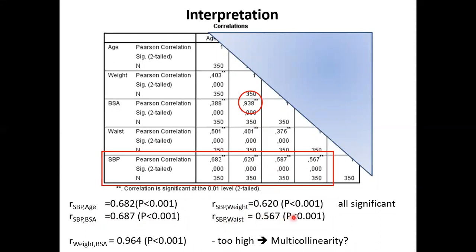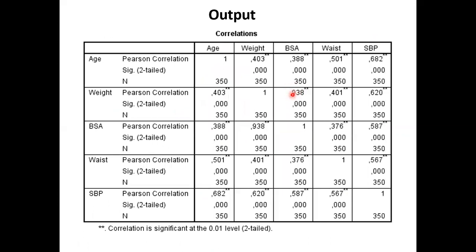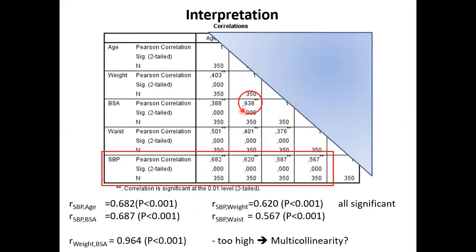Again, is there a problem of multicollinearity? Look at this part here, this between BSA and weight. If we see any pairwise correlation more than 0.9, they're bound to have multicollinearity. So this value here is more than 0.9, 0.96 something, okay?